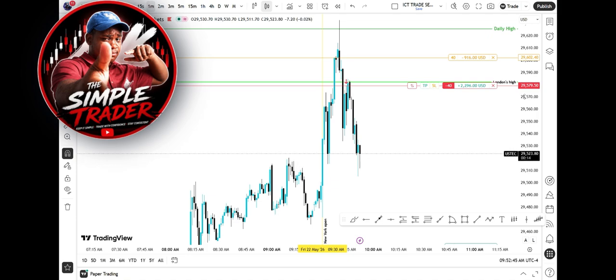So those are two major areas of liquidity that I pointed out earlier that would be important when it comes to seeing the narrative of the market. So the market opens higher, runs, takes out the buy side liquidity on the daily high and the buy side liquidity on the London side, which is strongly telling me that since liquidity on the buy side has been taken, there is no need for the market to continue going higher. We're looking for a reversal.